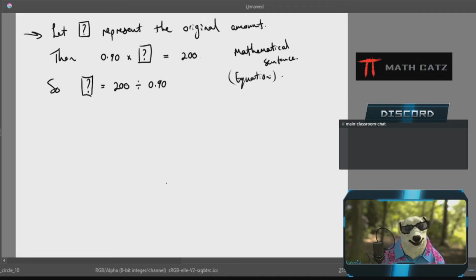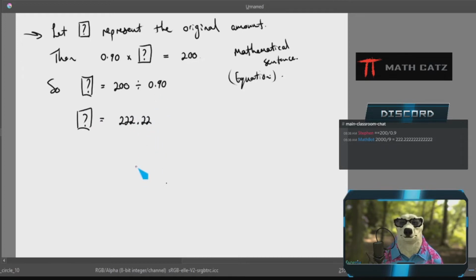Let's do it in the chat to see what it is. 200 divided by 0.9. And we get question mark in a box is 222.22, and we'll round it.